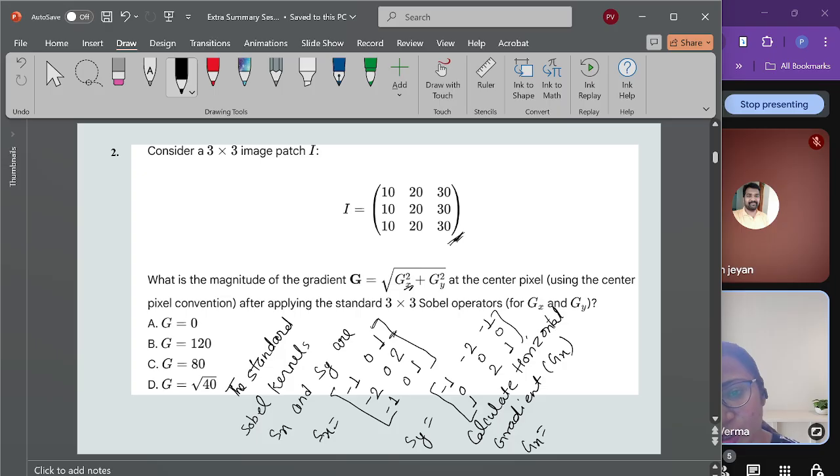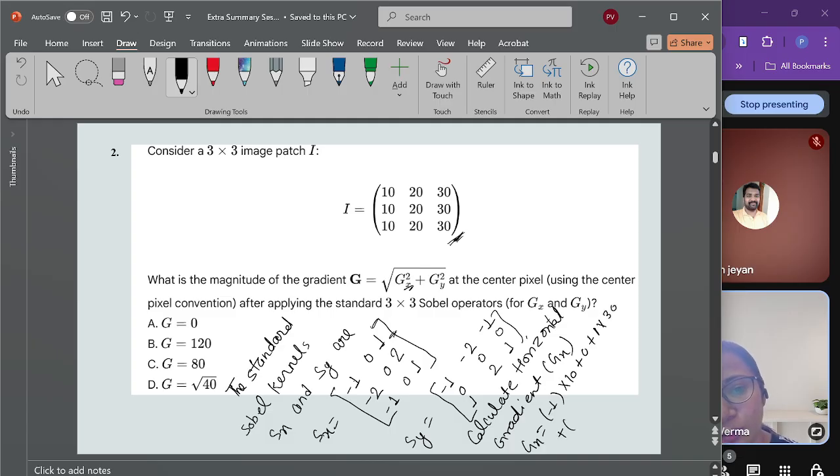So gx is calculated by -1 multiplied by 10, just row into column, and this row into column like that. Then the next one is 0, so you will get 0 here. Then next, 1 into 30.